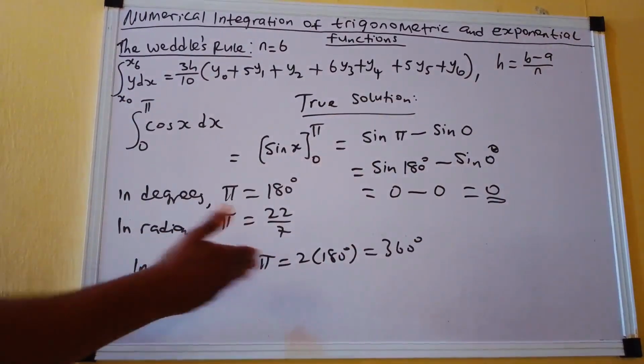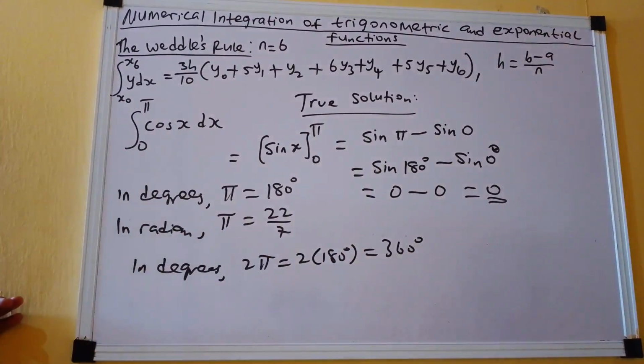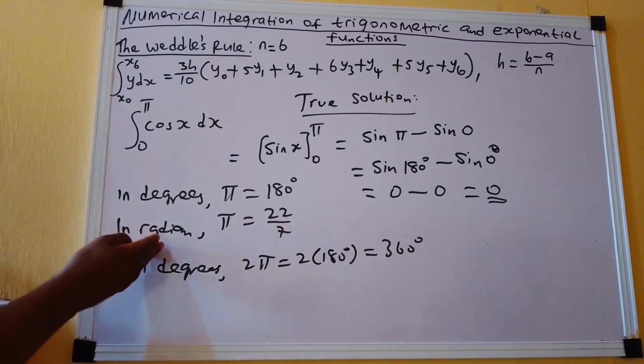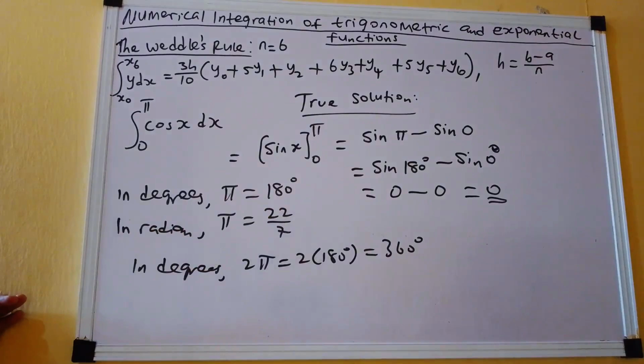If I say 3 pi's in degrees, it means 3 times 180 degrees, and so on. But in radian, pi means 22 over 7. So please take note of this solution.